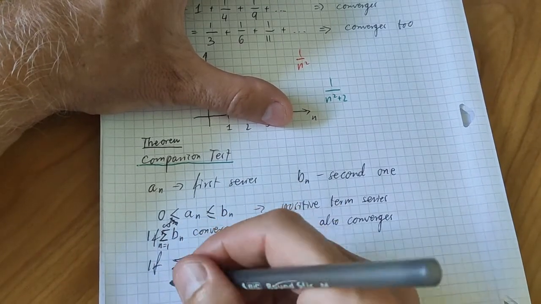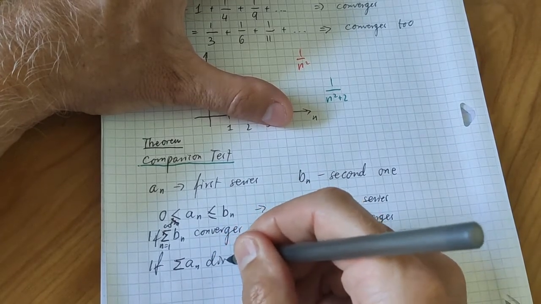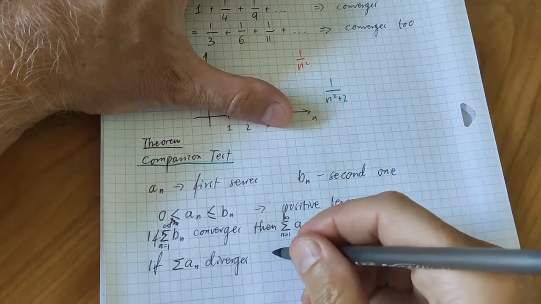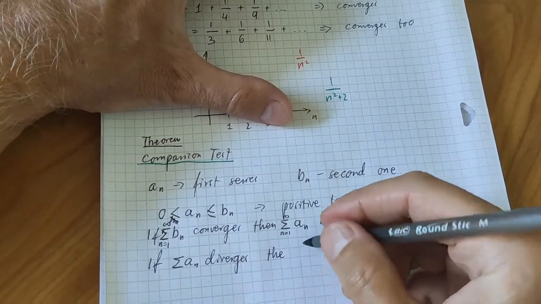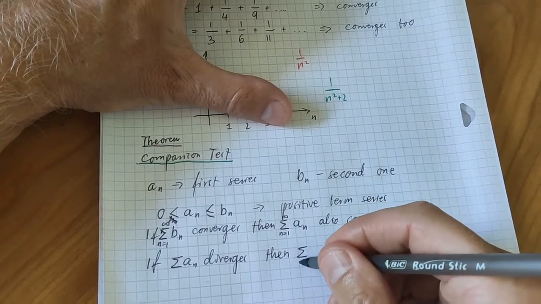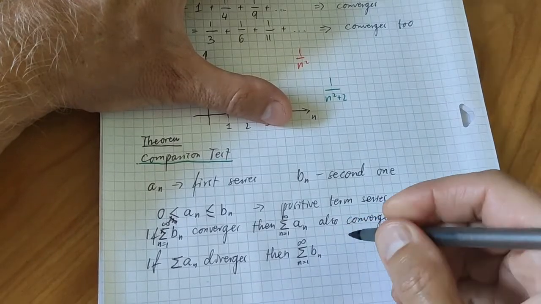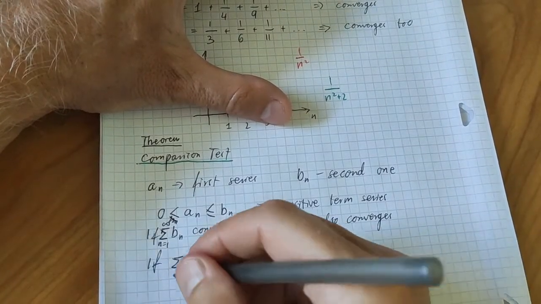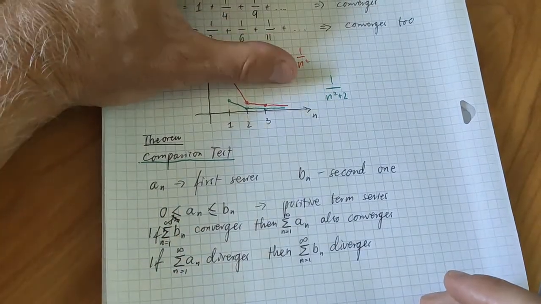And then if the sum of a sub n diverges, then b sub n, which is greater than a sub n, also diverges, again with sums from n equals 1 to infinity.